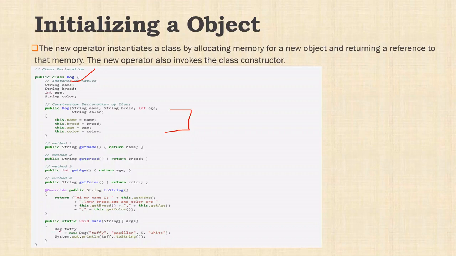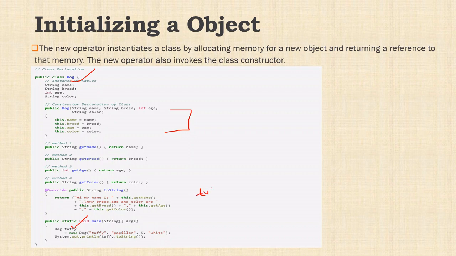Inside the main method, what we are doing is Dog toffee is equal to new Dog, as we just discussed in the previous slide. So here we are getting a new Dog instance, which is toffee, that means one object of Dog. Here we are passing toffee as the name of the dog, the breed of the dog, the age, and the white color of the dog. So one instance will be created with the name toffee.